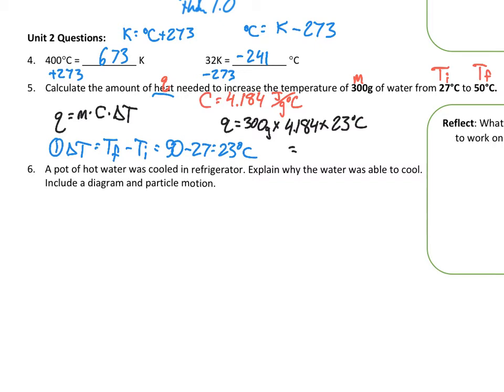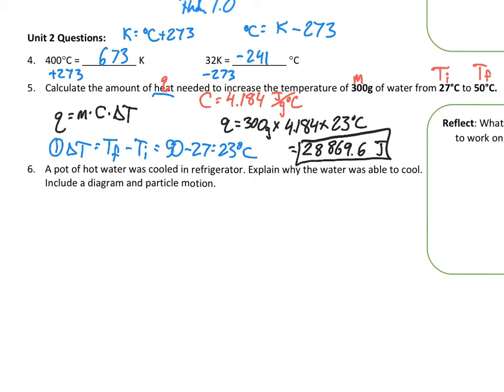So it's 300 times 4.184 times 23. And that answer should give me 28,869.6 is the number, and the unit for heat is J, joules.